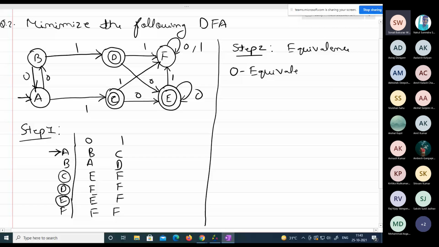Zero equivalence says that I have to make two groups of non-final states and final states. So I'm going to write here all the non-final states, and those are A, B, and F, right? And my final states are C, D, and E, right? These are my final states. So write it down.